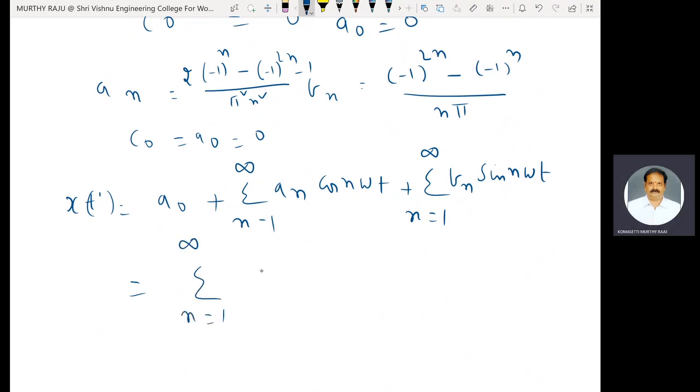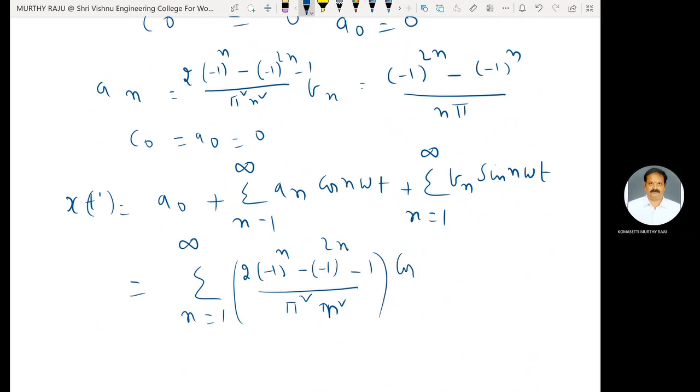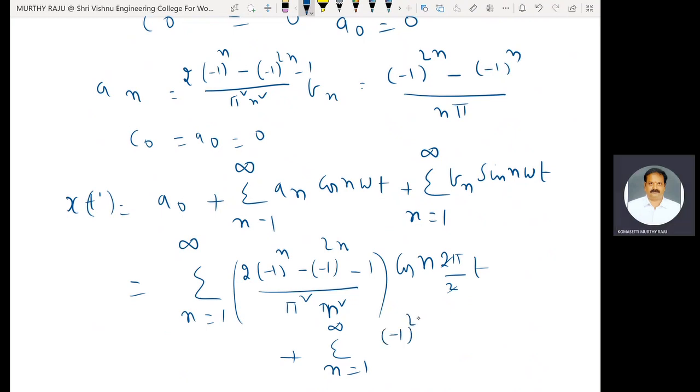Sigma n is equal to 1 to infinity, an is 2 into minus 1 whole power n minus 1 whole power 2n minus 1 by pi square n square, cos n omega t, omega is 2 pi by T, T is 2, plus sigma n is equal to 1 to infinity bn, which is minus 1 whole power 2n minus minus 1 whole power n by n pi, sin n omega t.